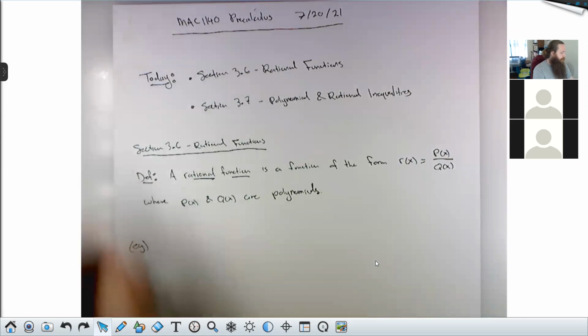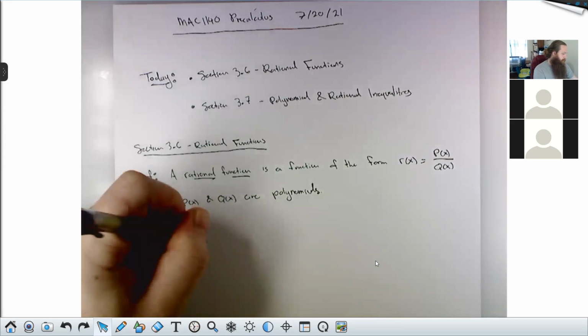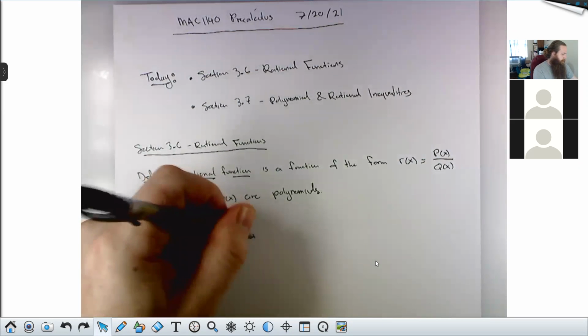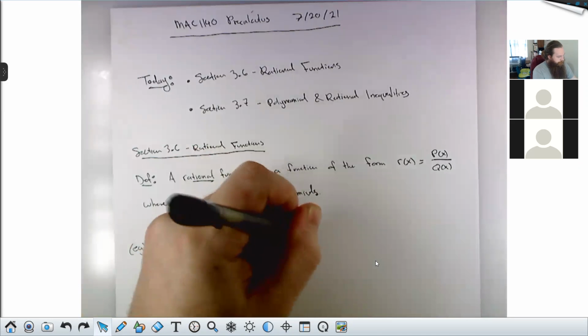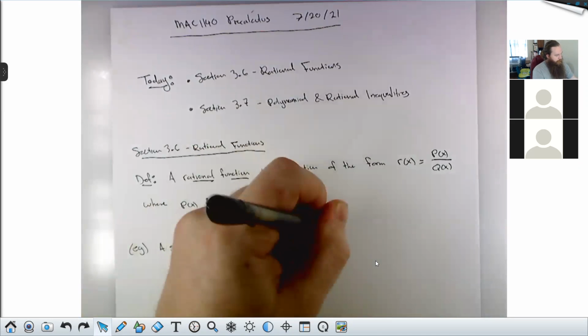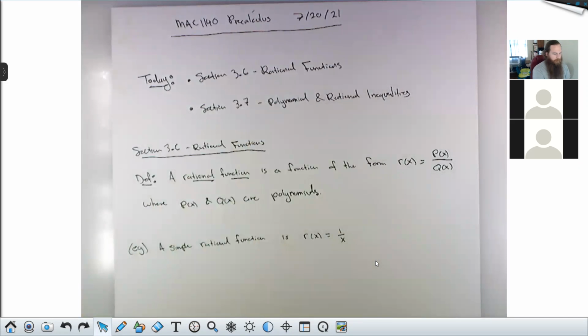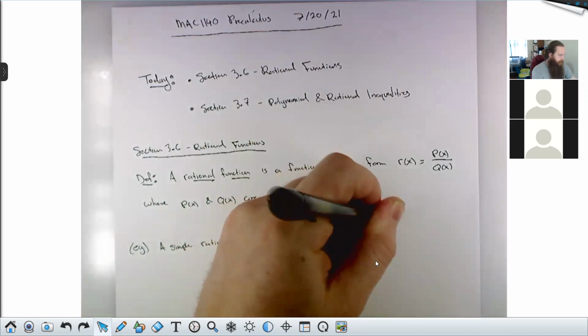So the prototype rational function, a simple rational function, is r of x equals 1 over x. So here your p of x, your polynomial upstairs, is the constant function 1.